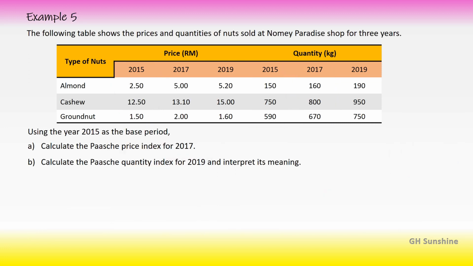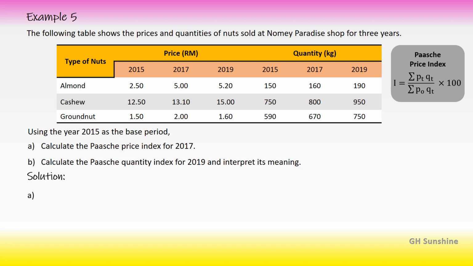Okay, example 5. Still similar, Norway Paradise Shop. So 3 different types of nuts. Using the year 2015 as the base period, calculate the Paasche price index for 2017. So what is the formula for the Paasche price index? So what you need is PT, QT, and P naught.